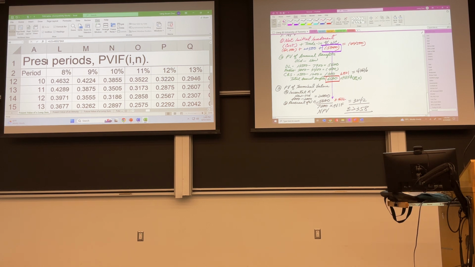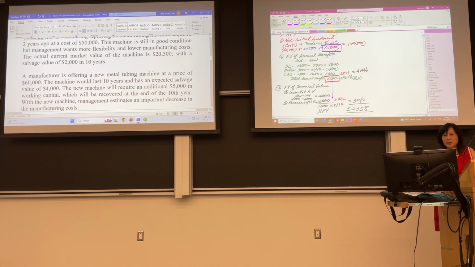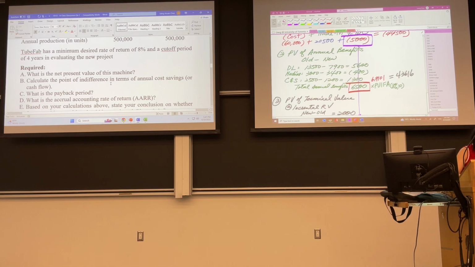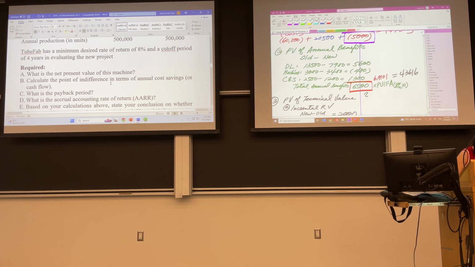Okay, so now the second part of the question is saying, what's the annual cost savings benefit has to be? So I will be indifferent to invest or not invest. This is the sensitivity analysis. Basically, it's saying what this number has to be to make everything equal zero, net present value equals zero.